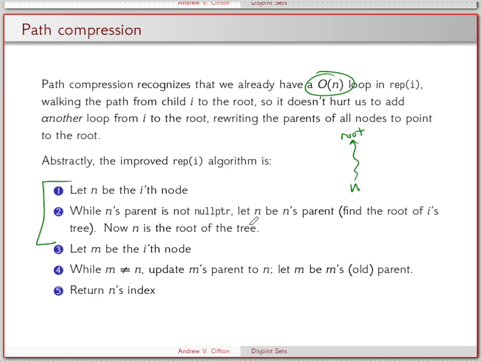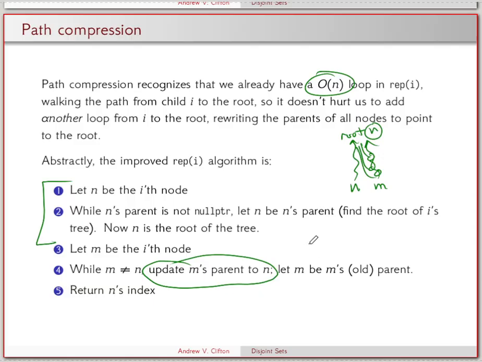Then I'm going to restart down here with m, and work my way up again. But every time I find a node along this path, I'm going to update its parent so that they all become direct children of the root. So I update all the nodes on that path's parent to point to the root up at the top.